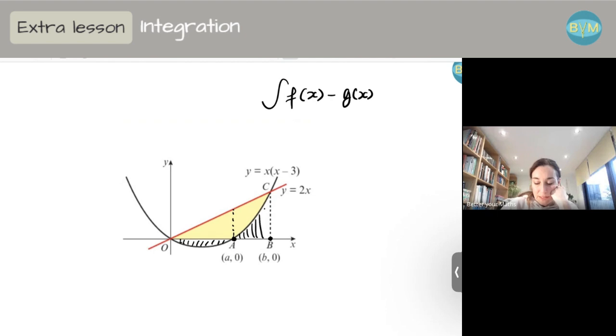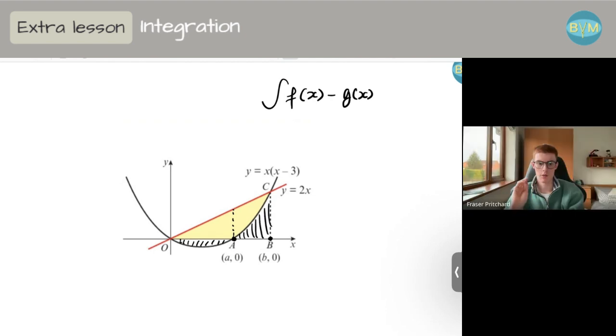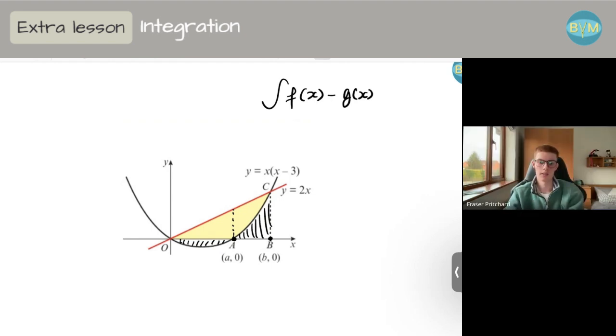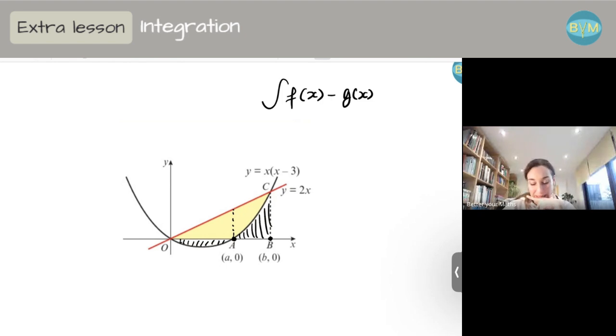Between 0 and b, or between a and b? Between 0 and b, this bit is going to subtract from this bit. You see what I mean? Yeah. You're very close. What else can I do?